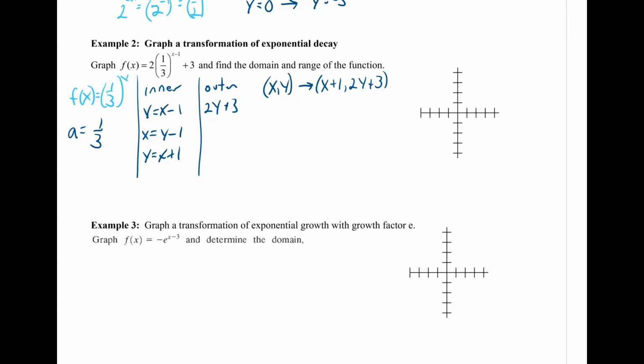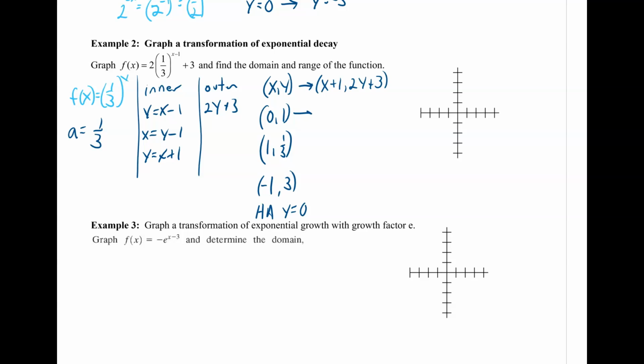And our key points: 0, 1, 1, a, and this time a is 1/3, so 1, 1/3, and negative 1, 1 over 1/3, which is 3. And then our horizontal asymptote of y equals 0, we'll see what happens to that.